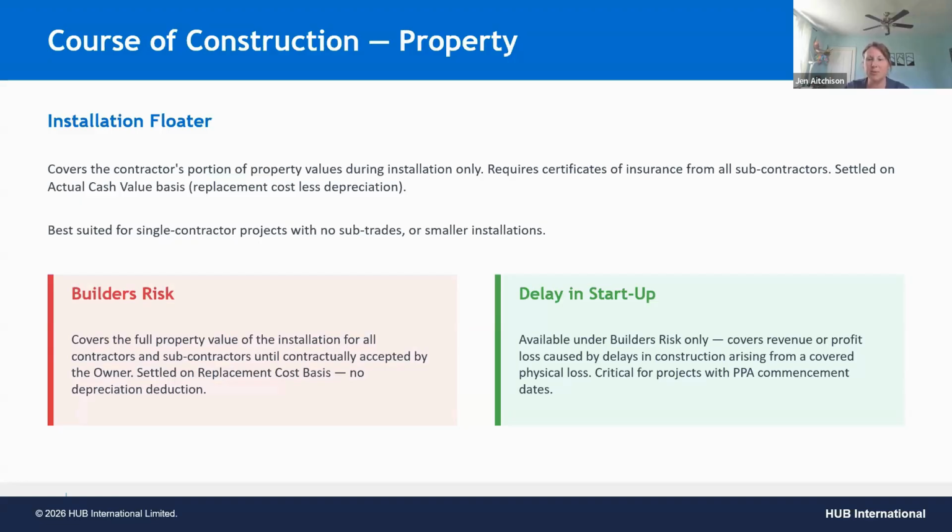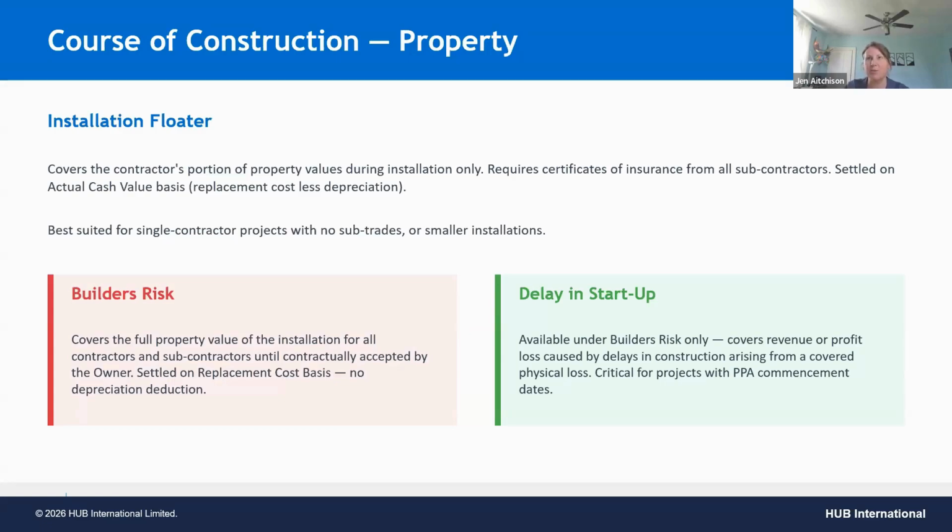And this is typically covering loss of revenue or loss of profit because of delays in the installation of a project that arise from a covered loss, which is really important. So this coverage isn't triggered by shipments being delayed. It's not because you can't get product or because the labor pool isn't consistent enough.